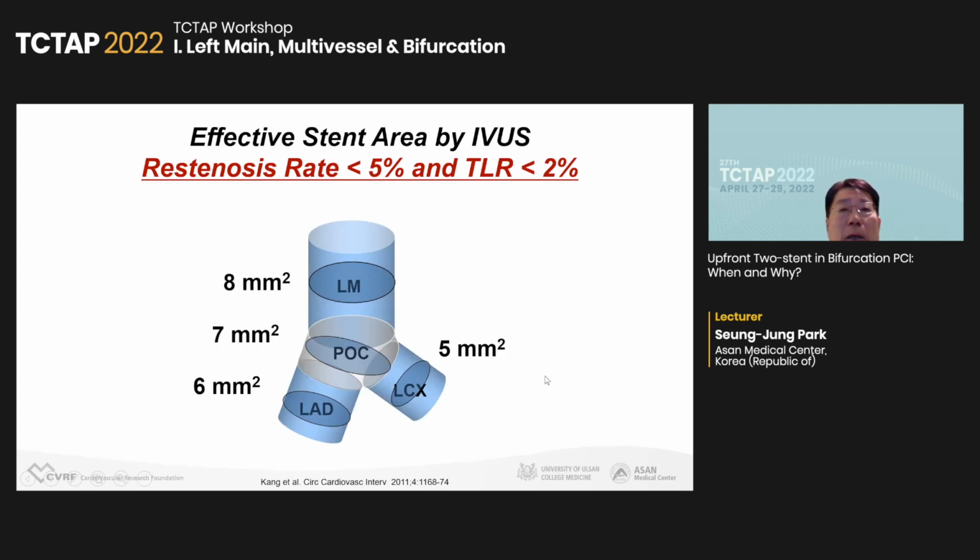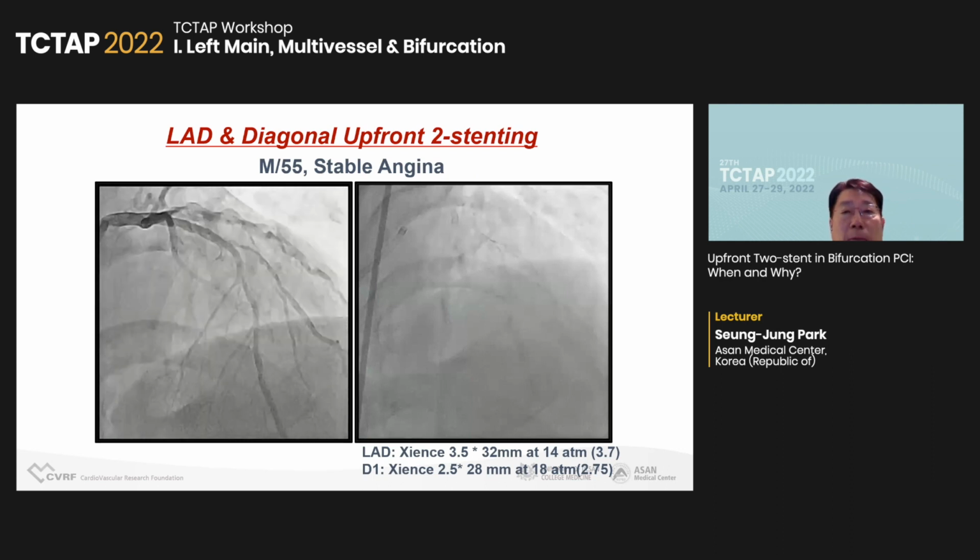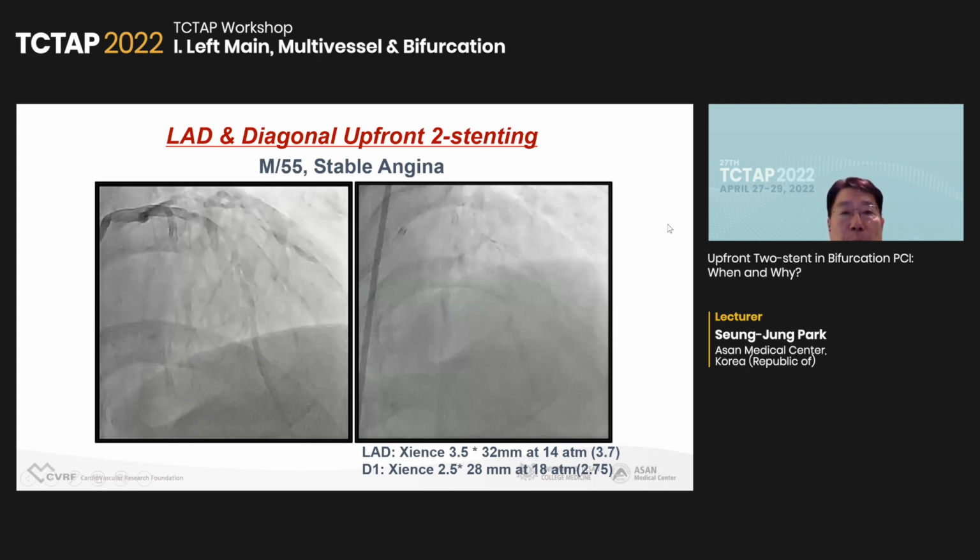So I would emphasize that whatever two-stent, final kissing balloon, or TAP technique you use, you should try for stent expansion, stent optimization, and stent area. So that is a cutoff of 5, 6, 7, 8 millimeters. If you can achieve that, the clinical outcome should be good.